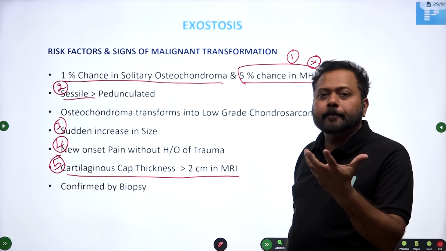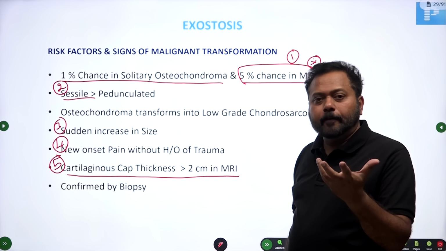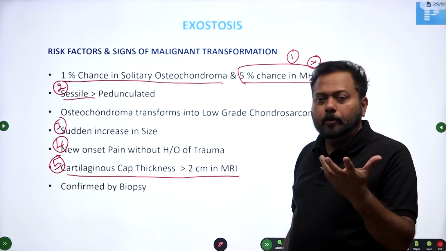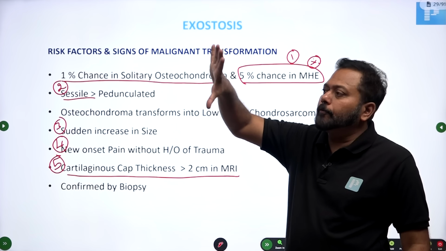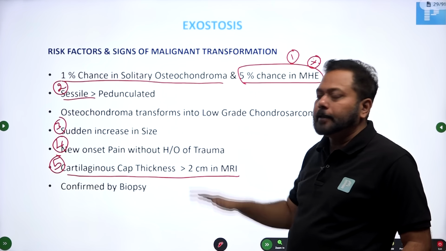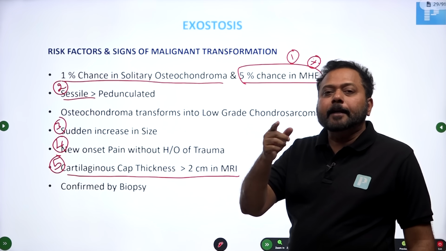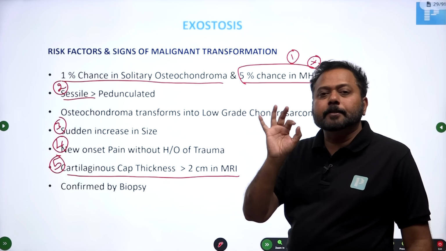The gross appearance is called cauliflower appearance. It arises as an exophytic growth in an X-ray. The best treatment is excision. Complete extraperiosteal excision is the treatment of choice.